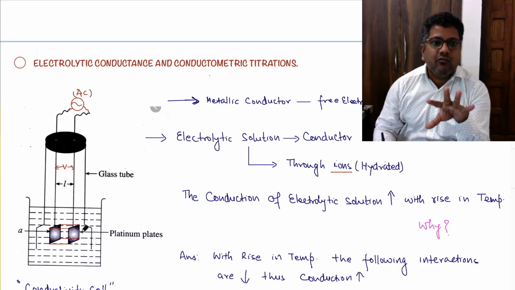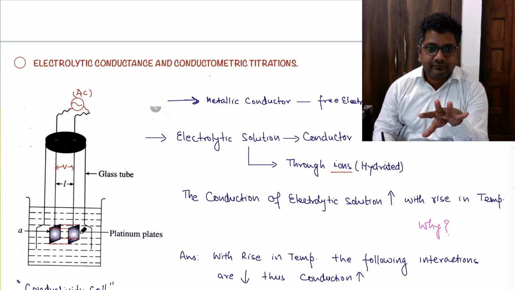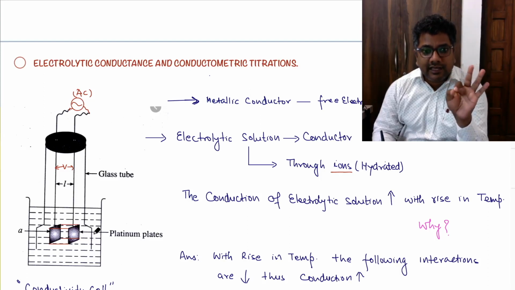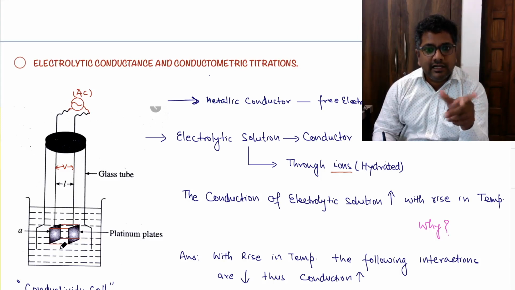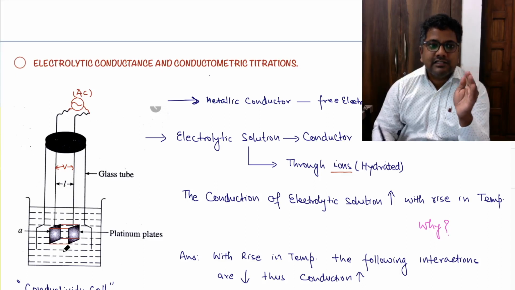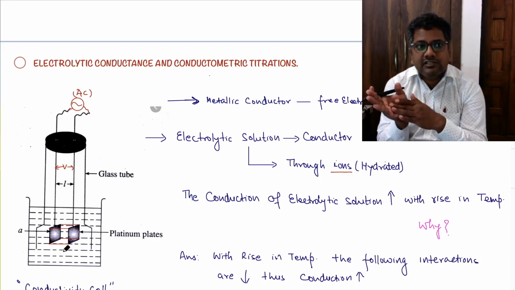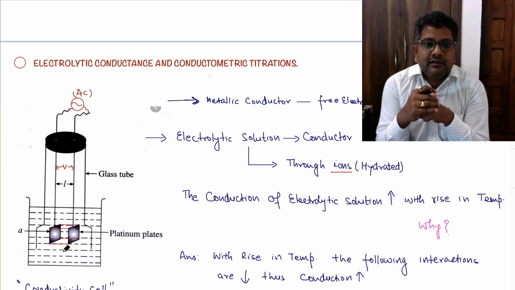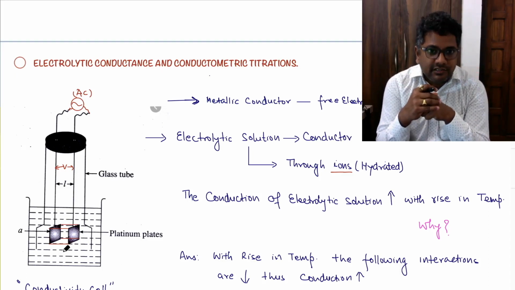You take only water here, and note the reading. After that, you make the solution of the given salt in that water, and again you measure the conductance. You have to subtract the conductance offered by water from the solution's. Then you can get the conductance shown by the given salt solution, right?